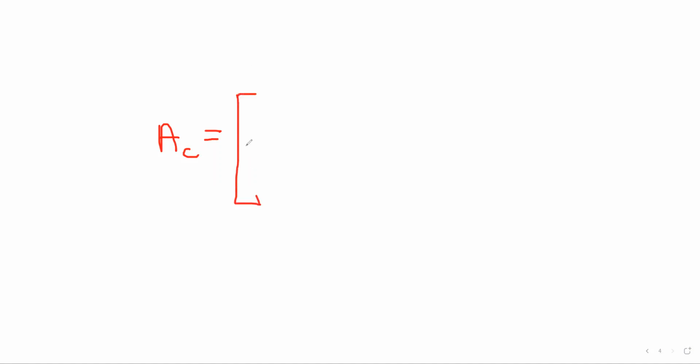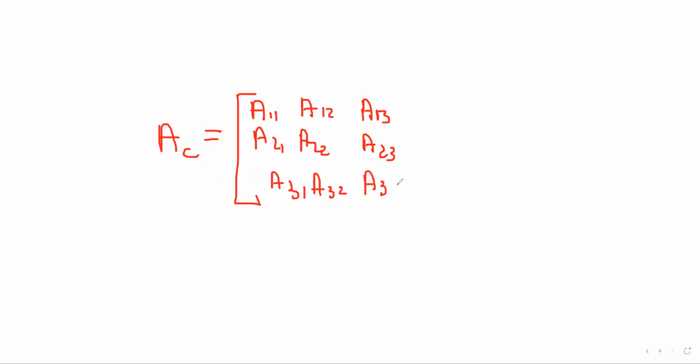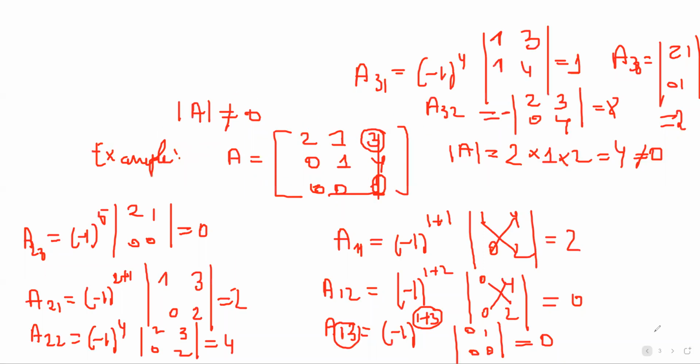So we are going to write here all cofactors in order: A11, A12, A13, A21, A22, A23, A31, A32, and A33. These are the cofactors that we have just found.